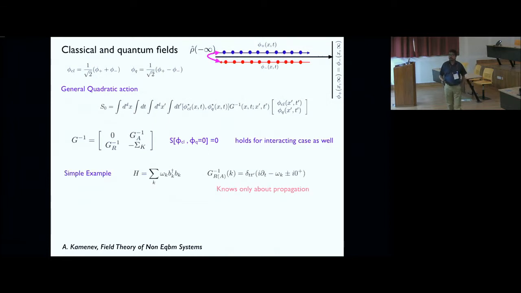If you take a simple example, you can see that these two propagators are nothing but retarded and advanced propagators. They know only about how things propagate. Whereas this object, sigma K, actually knows about the density matrix and it knows about distribution functions in your system.